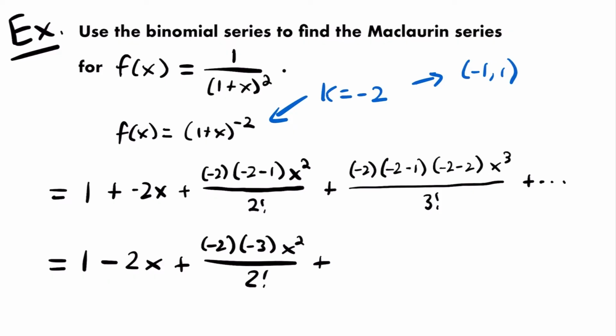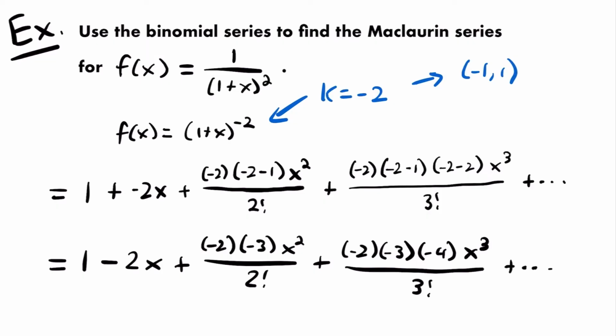And then we're going to add this to -2 times -3 times -4 times x cubed divided by 3 factorial, and we can continue to add on from there. Now, I didn't actually multiply these coefficients together because remember, what we want to do is determine a pattern for these terms that we can then represent as a power series, or more specifically, a binomial series, which would be a Maclaurin series.